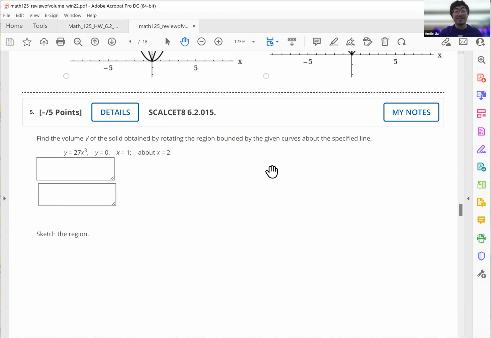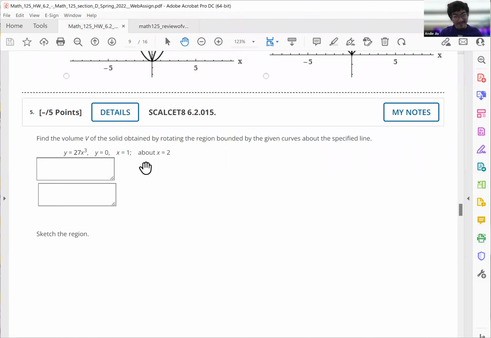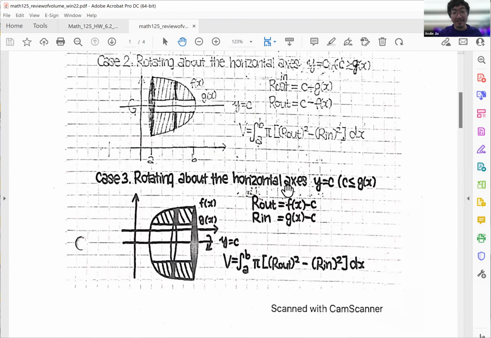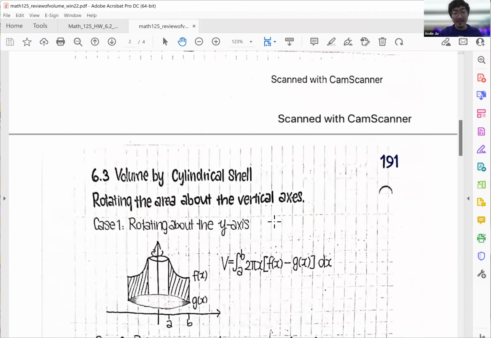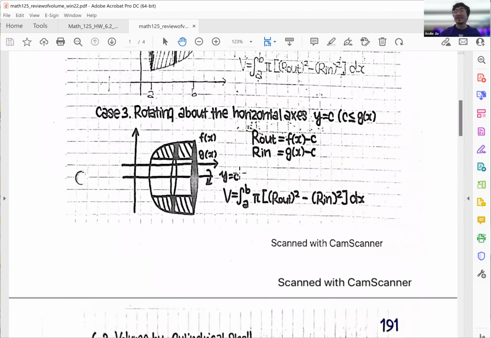You have to draw the region, and if the axis is above or under, make sure they change the variation here. And for this one, you just need to change the rotating axis, like the inner radius, because it's a washer.